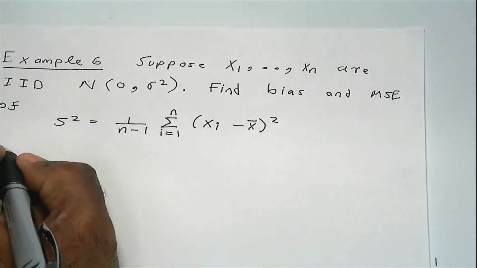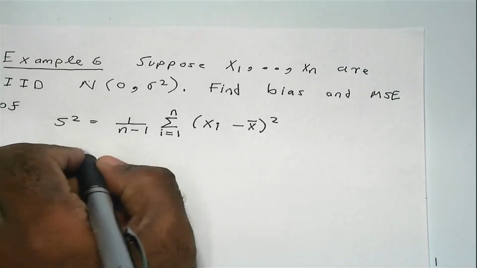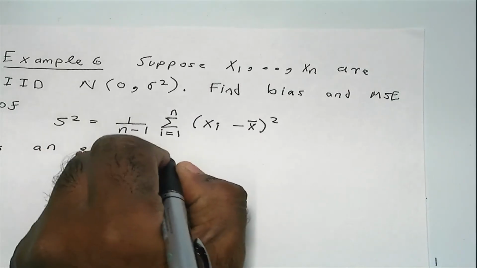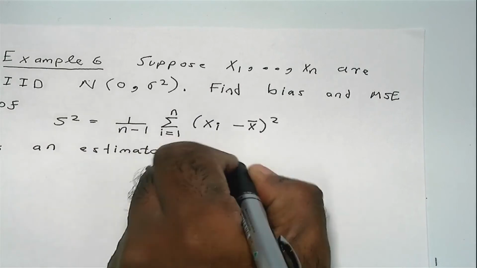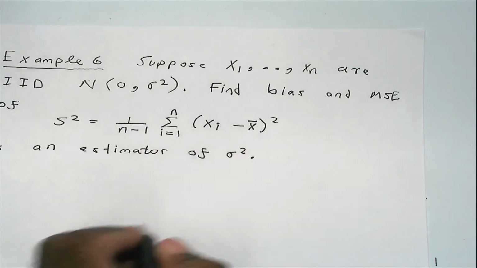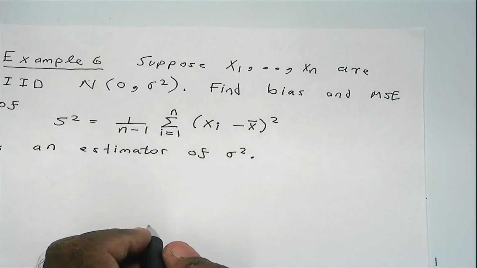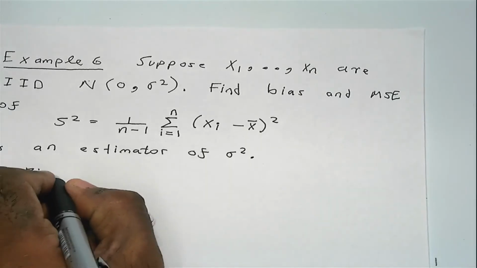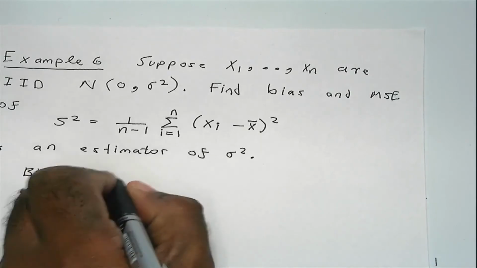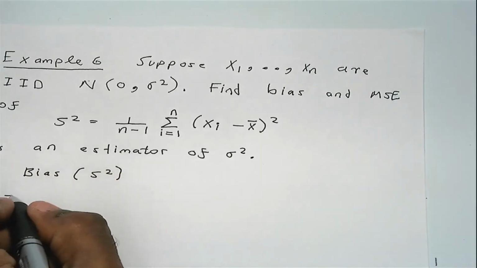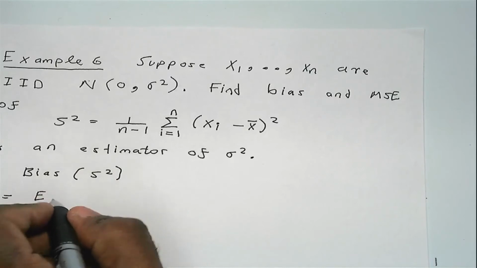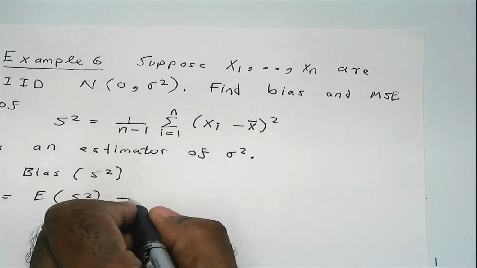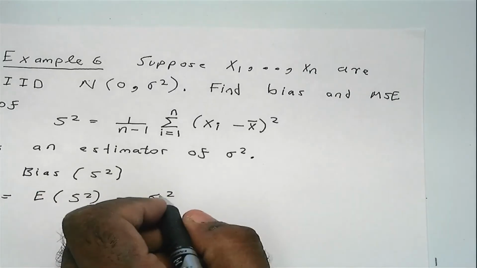As an estimator of sigma squared. So the first thing I want to do is to find the bias of the estimator. By definition, this is the expectation of the estimator minus the parameter that you're estimating.